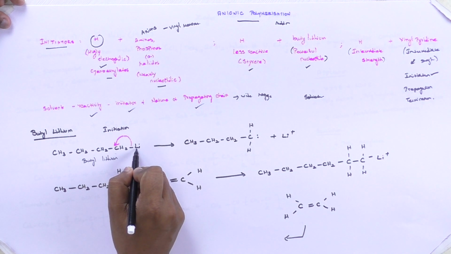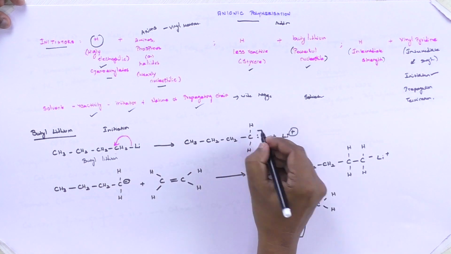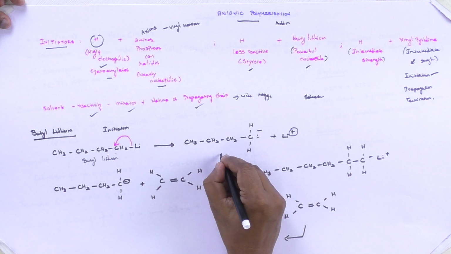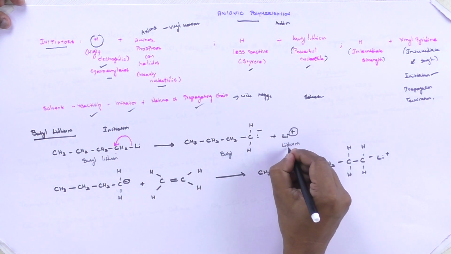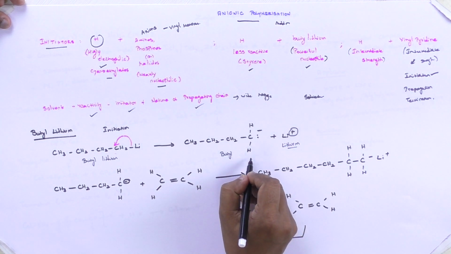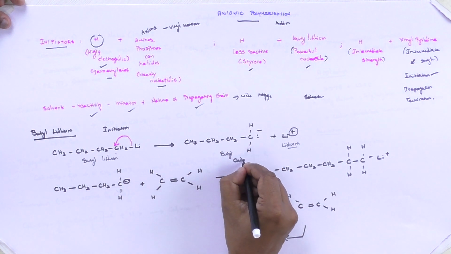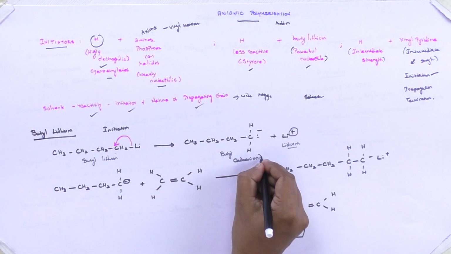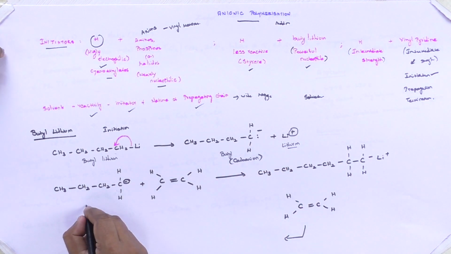What happens during the initiation process is that a positive lithium cation and a negative butyl anion are formed. As this has a negative charge, we call this a carbanion. You can see this is the carbanion.